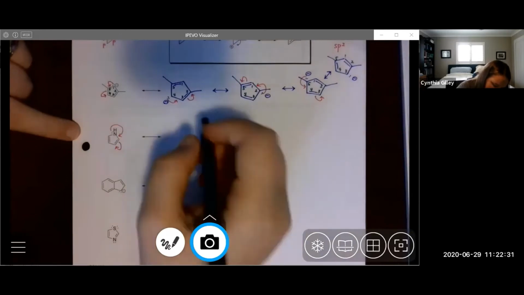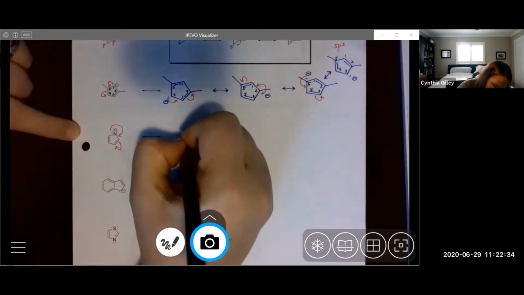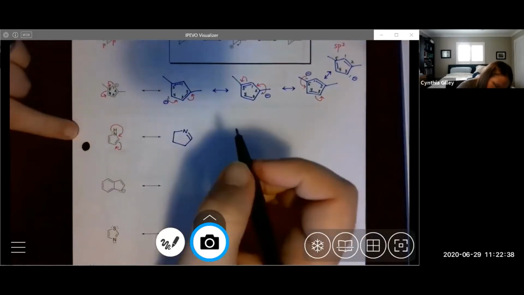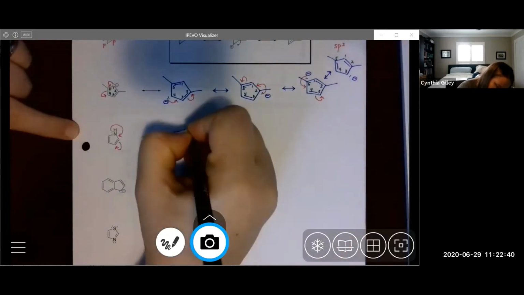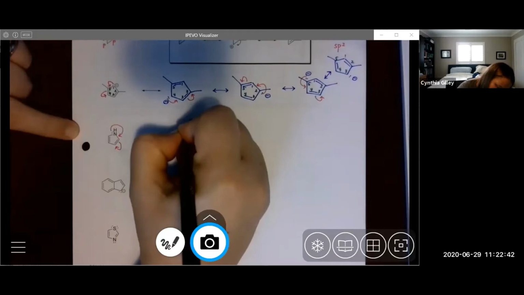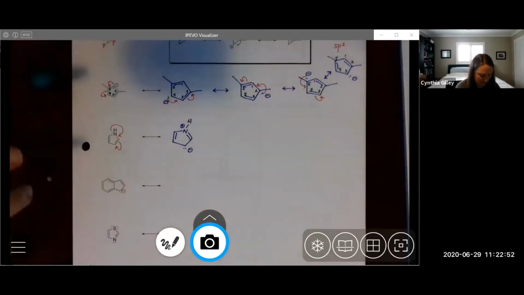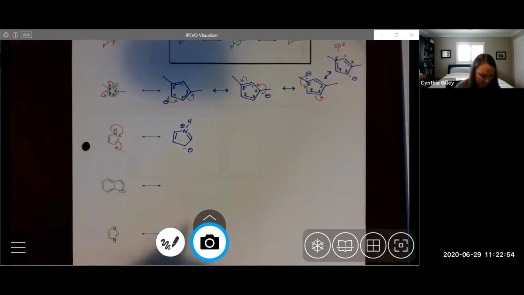So we're going to need a double bond here. One here. Hydrogen, positive charge on nitrogen now. Pay attention to that formal charge. It's a little bit different. But basically, we've moved it from the nitrogen to carbon 2 now.